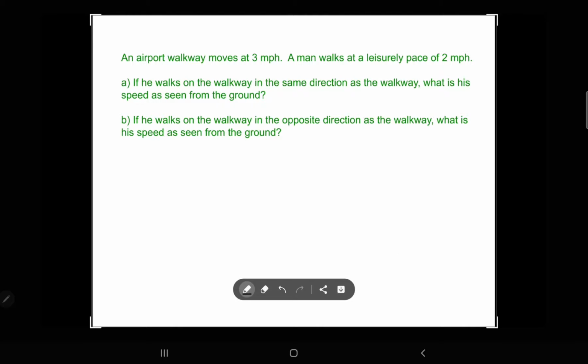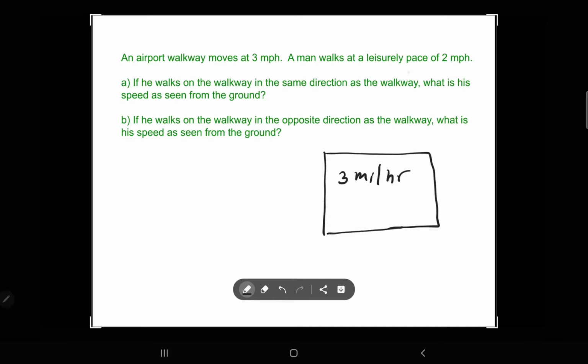Right here in this question, an airport walkway moves at 3 miles per hour. Suppose that this is the walkway, moving at 3 miles per hour. Within this walkway there is a passenger.